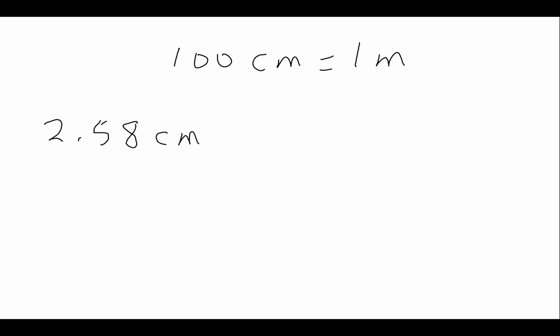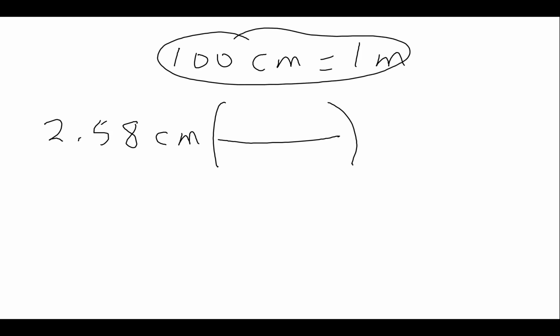What I recommend is, well, the Ames method requires that you write down the number with the units. And then next to that, you write some parentheses and a horizontal line. And what you're going to put in those parentheses are the conversion factors from above. One of these is going to go on top and one on the bottom.